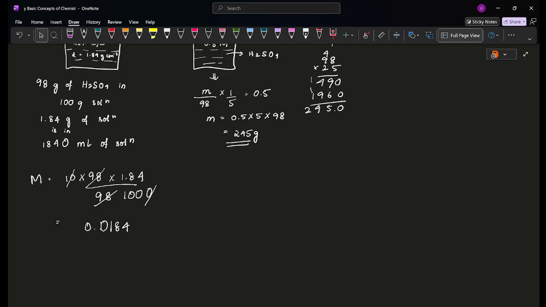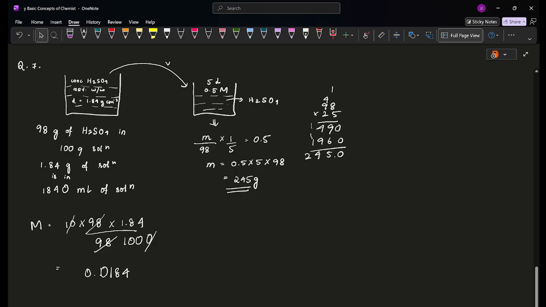Yeah, there's another website where they've given something similar to what we've done, because they've calculated the mass of H2SO4 needed and how many moles of H2SO4 required.